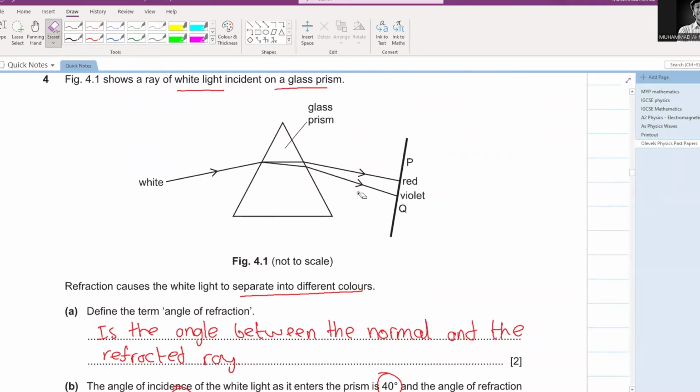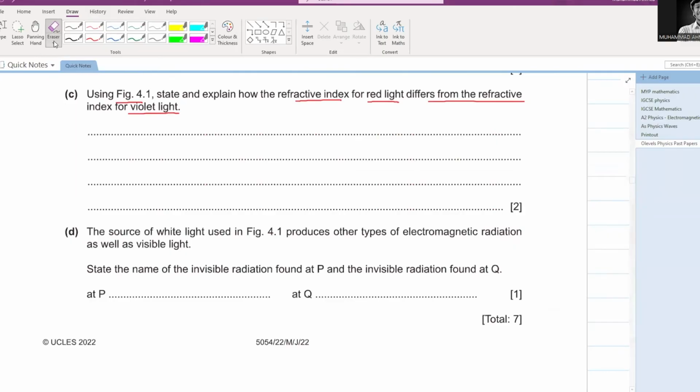You can write here: violet bends more compared to red light.